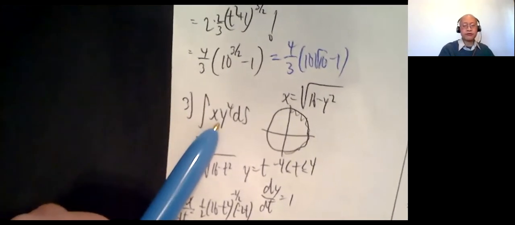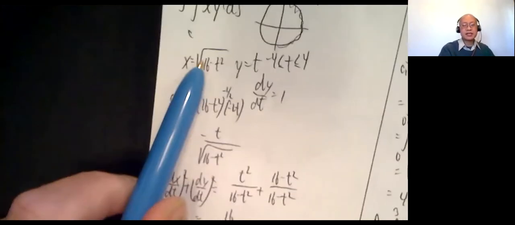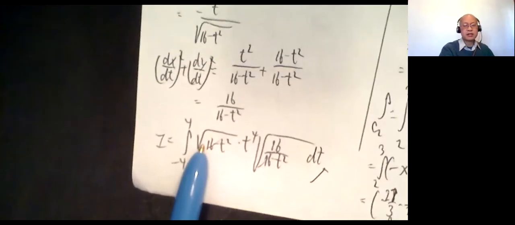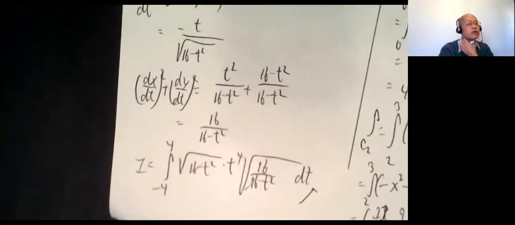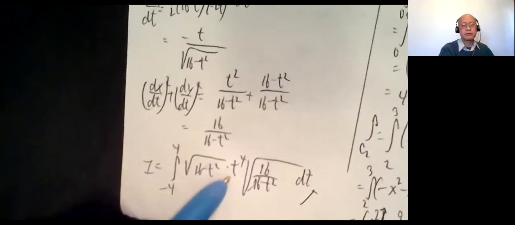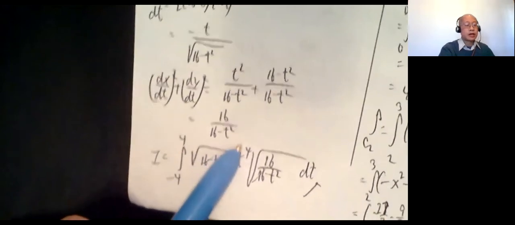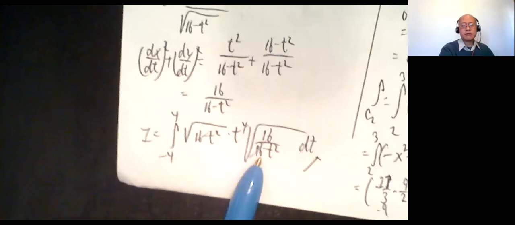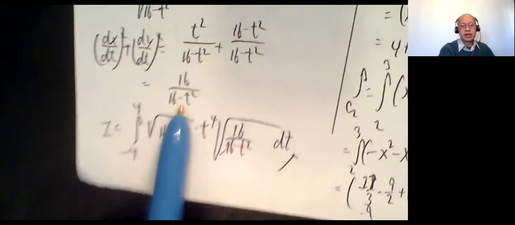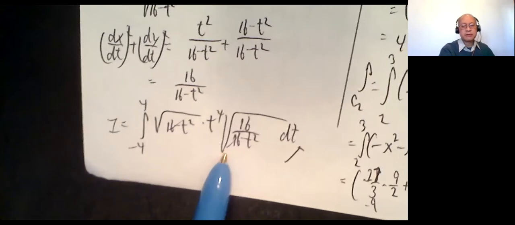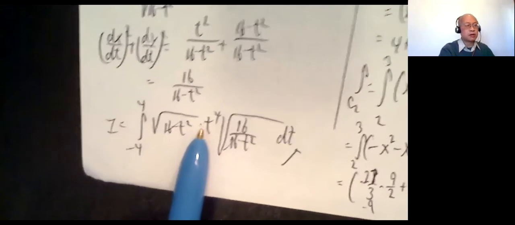X y to the 4th: x is this thing, there's x, and y to the 4th is t to the 4th. Then ds is radical 16 over 16 minus t squared dt. And very conveniently, this thing cancels this thing. I just have a polynomial, t to the 4th.